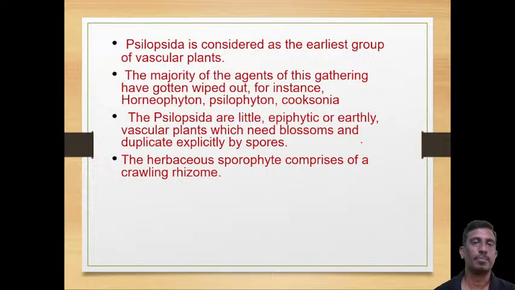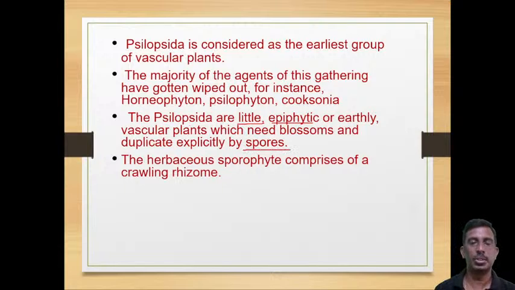Surrounded by phloem. So Xylopsida is the earliest class of these pteridophytes. The examples are Xylophyton, Neophyton, Coxomio. So these Xylopsida are very small, epiphytic, growing on other vascular plants, and they form spores.